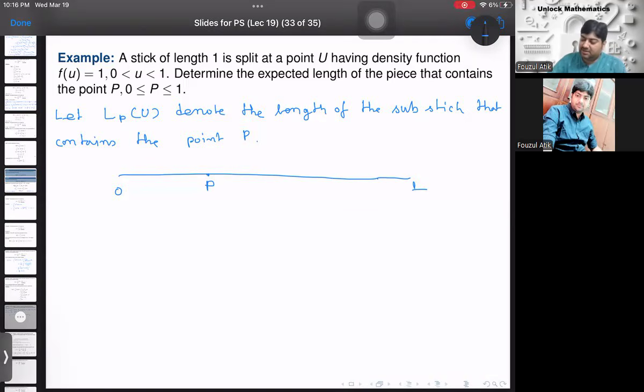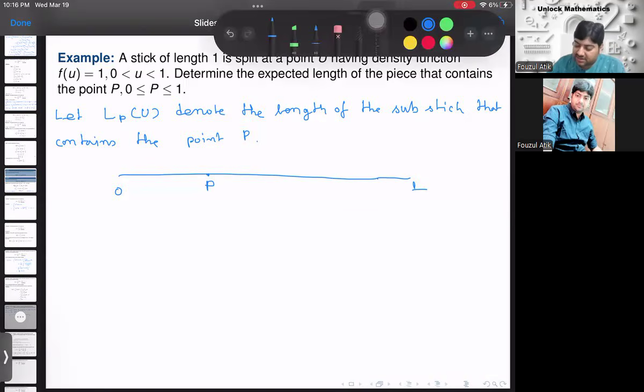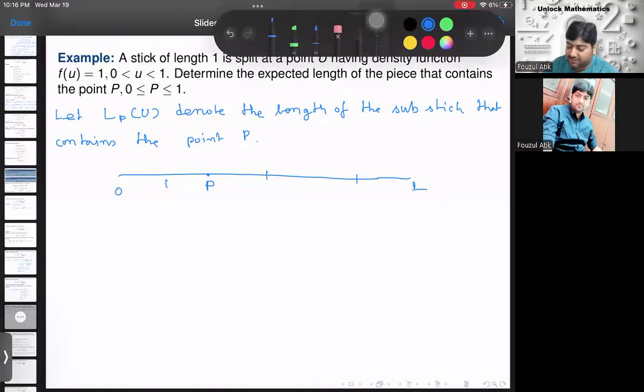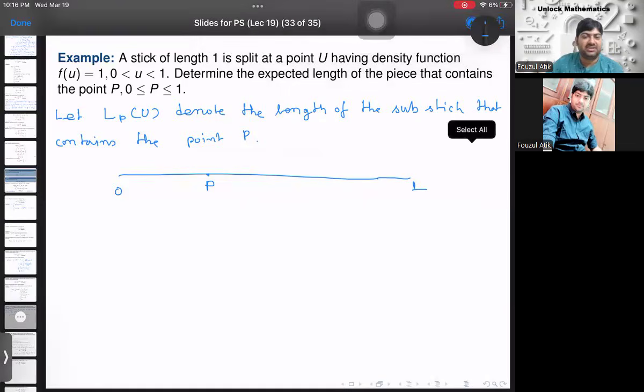It can be split at any place. It has one split, and its density function is given as f(u). Depending on where it got split, we get the length of the piece that contains the point.